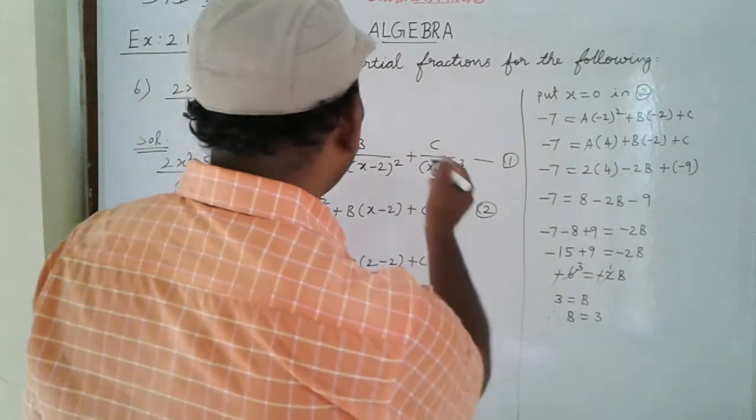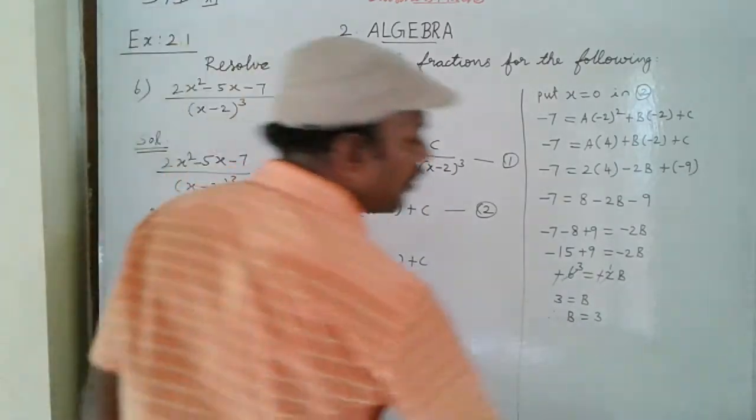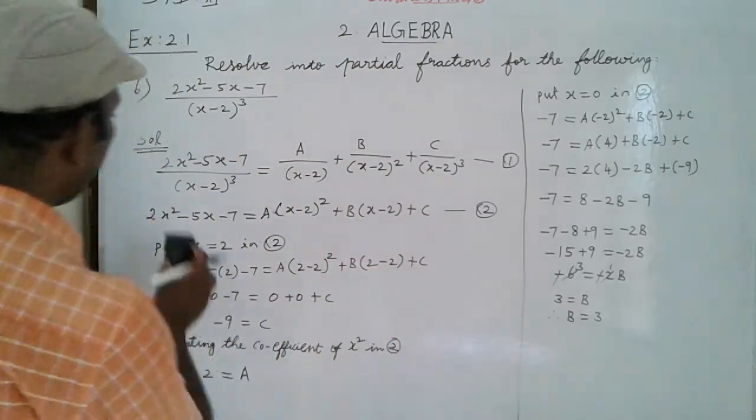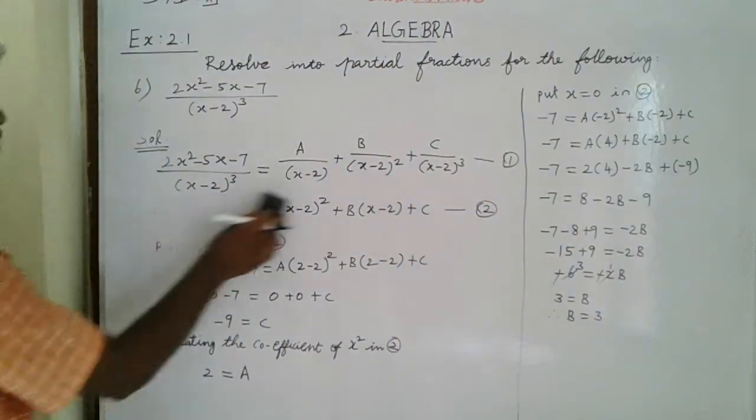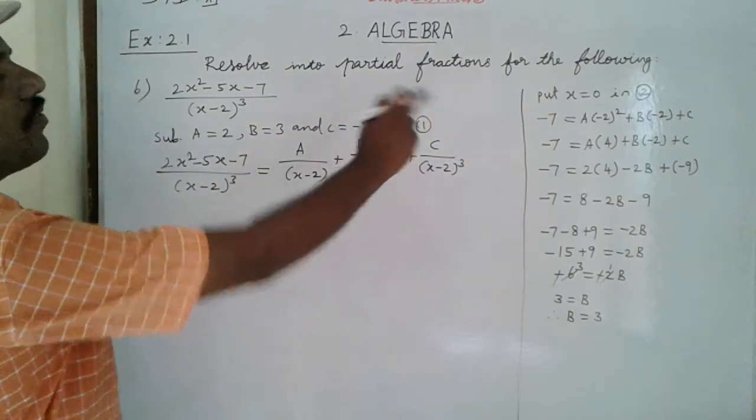Then we should substitute A equal to 2, B equal to 3 and C equal to minus 9 in the first equation.